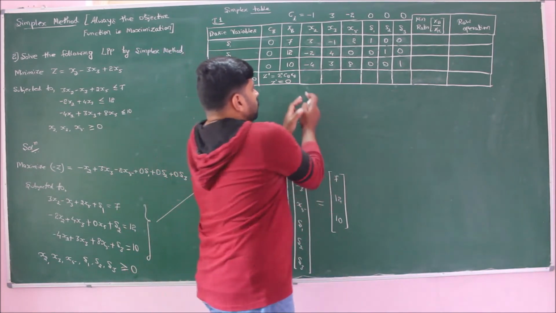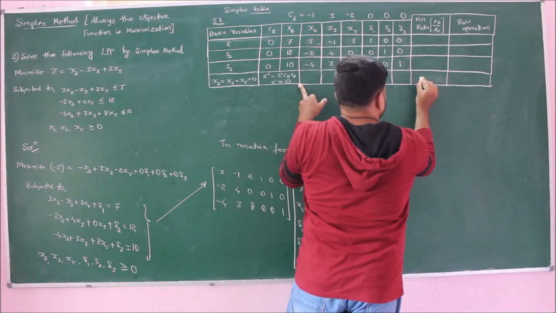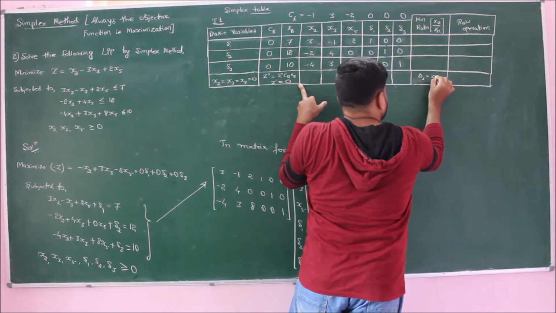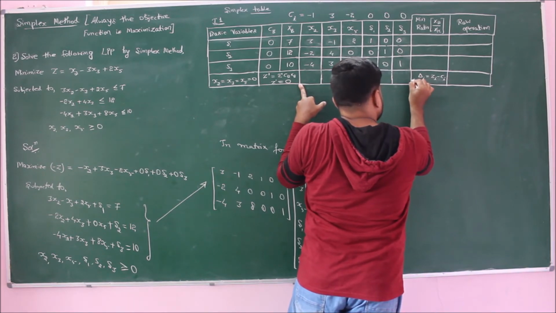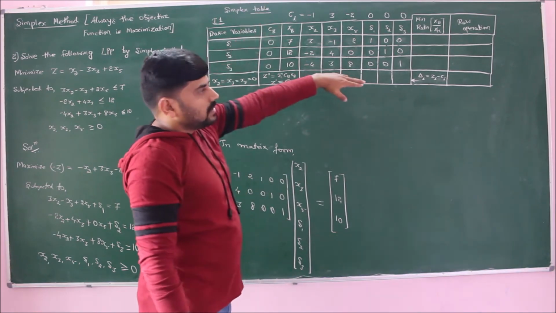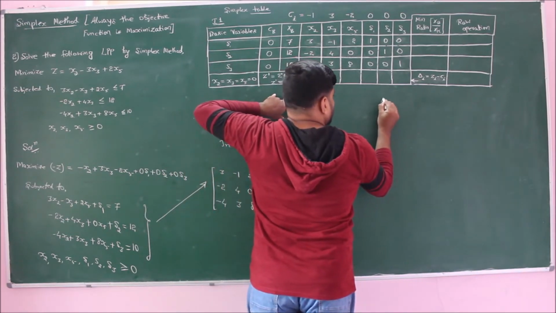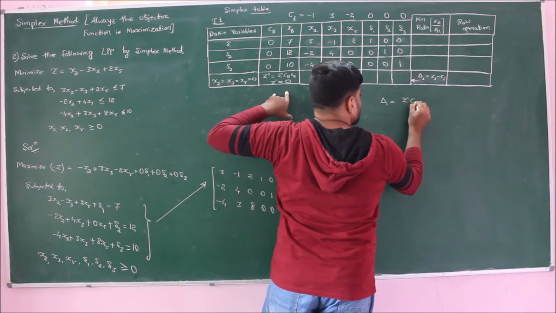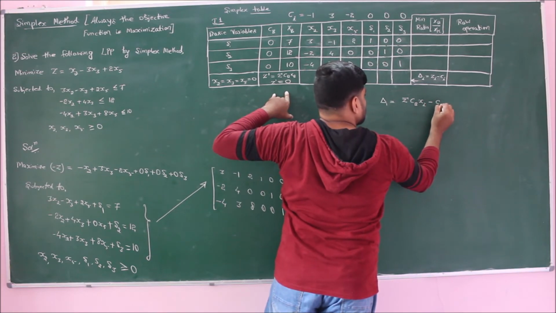Now from x2 to s3, in the row of z, I should write the value of delta i. So delta i is given by Zi minus Ci. Now if I demonstrate for one column, let us say I want delta 1. So Zi is already known to us, that is summation of Cb xi minus Ci.